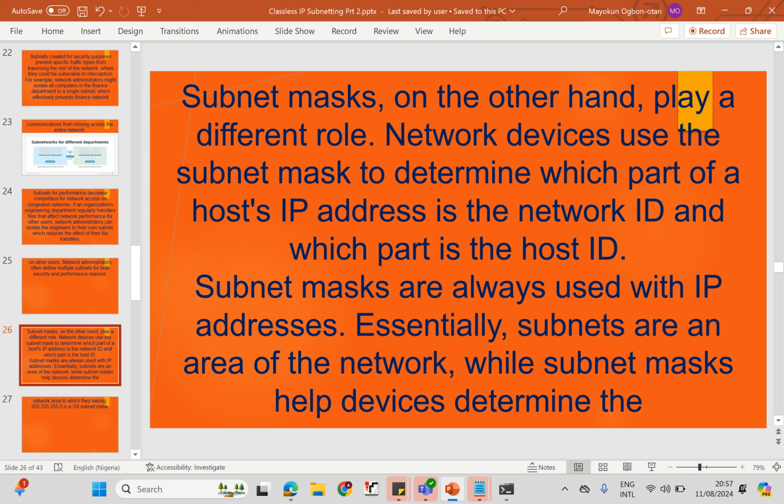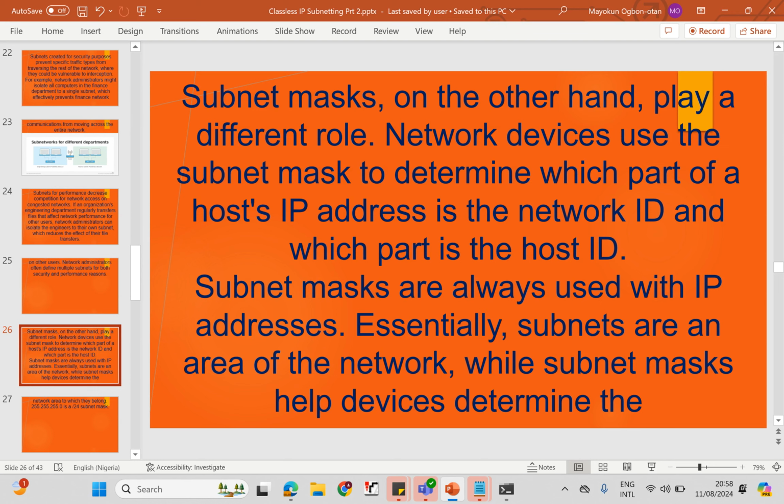So, what is a subnet mask? Subnet is when you create different subnets of an existing network. But I've explained what a subnet mask is, even at the beginning of the class: the subnet mask plays a different role. Network devices use the subnet mask to determine which part of a host IP address is the network ID and which part is the host ID.